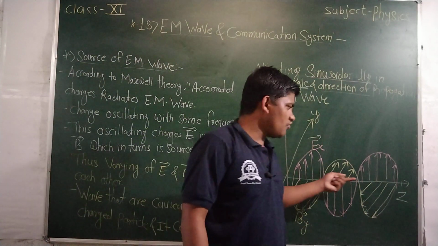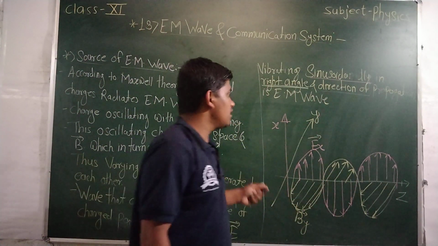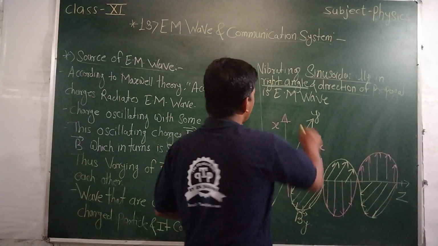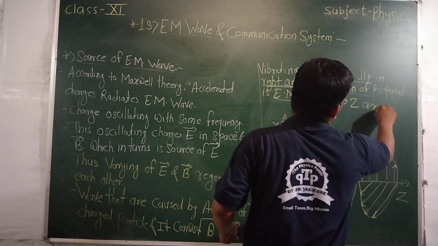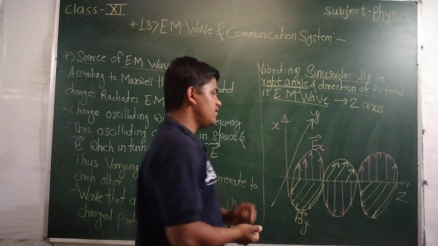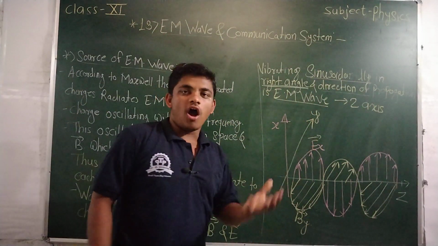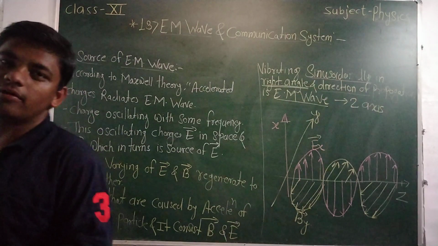Then the direction of propagation of the electromagnetic wave is along the z-axis. This shows how electromagnetic waves are produced.